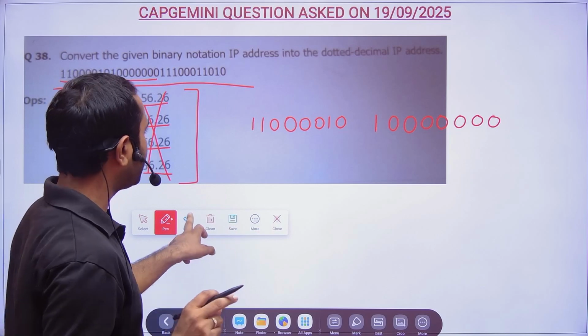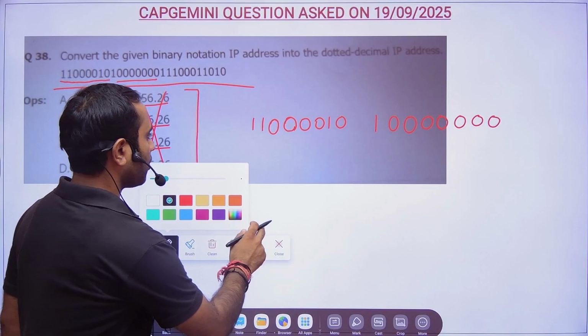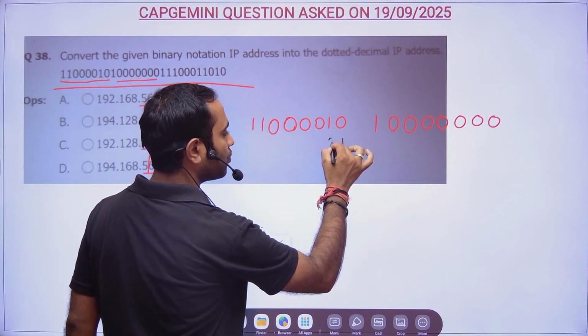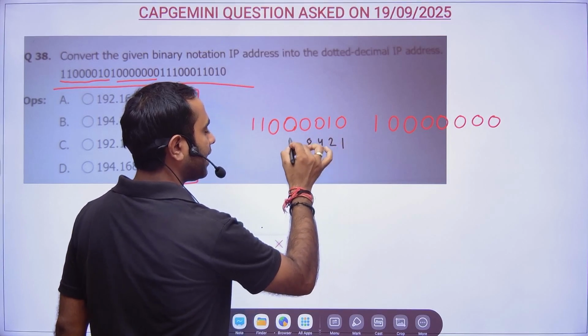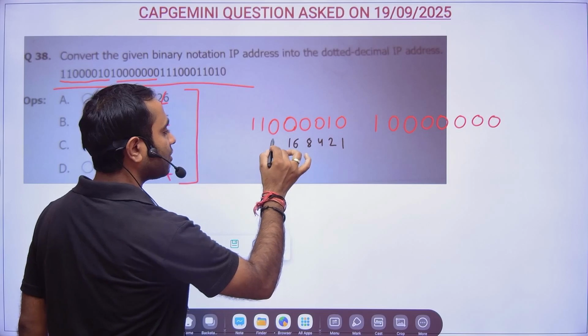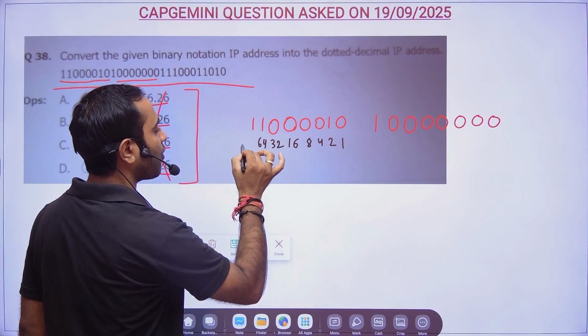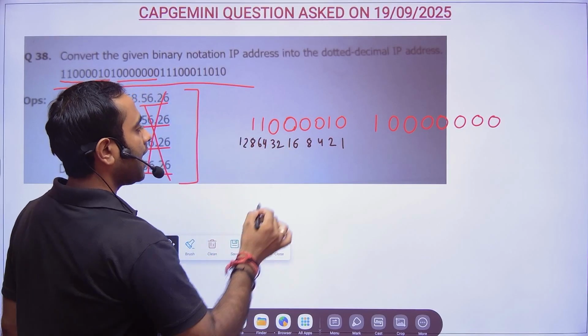So friends, when you are converting to decimal, you start with 1. 1, 2, 2 into 2 is 4, 4 into 2 is 8, 8 into 2 is 16, 16 into 2 is 32, 32 into 2 is 64, and 64 into 2 will be 128.